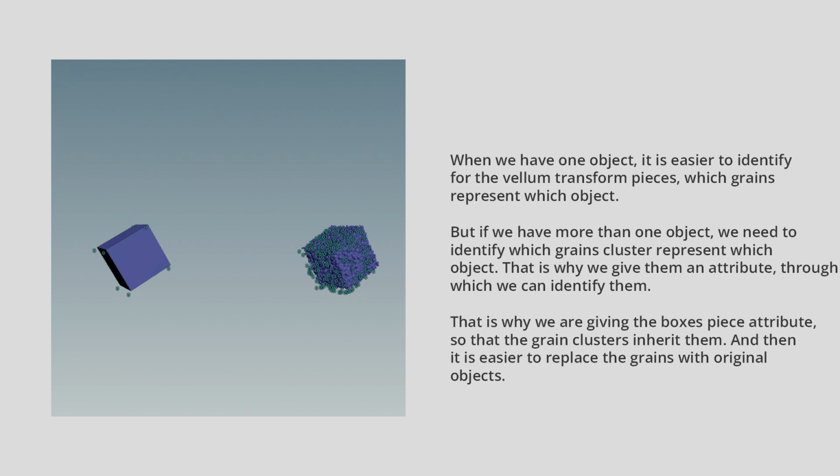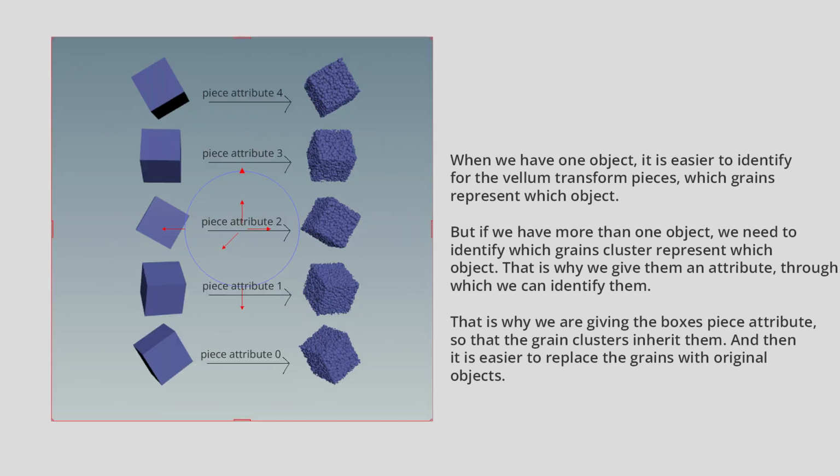we need to have an identification attribute on these boxes here. What is happening here is, when we are just using one box, and then we create a grain cluster to represent that box for Vellum rigids, we can easily identify that this grain cluster represents this box. So after the simulation, we can easily replace those grain clusters with that box. But when we have multiple boxes here, then we will be creating multiple grain clusters.